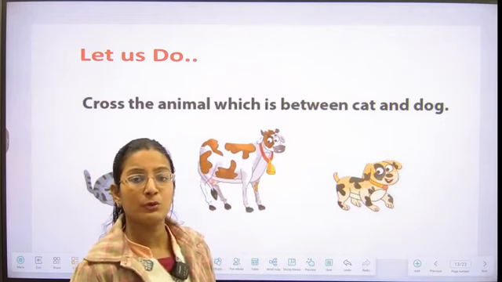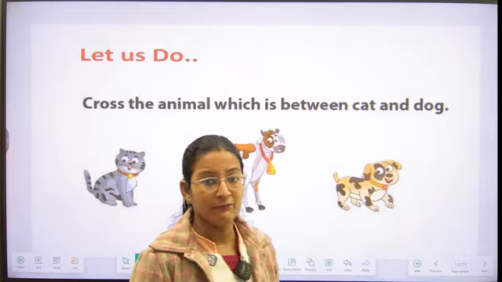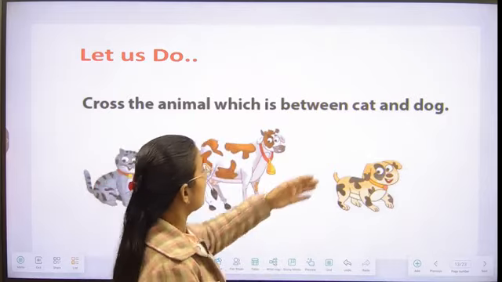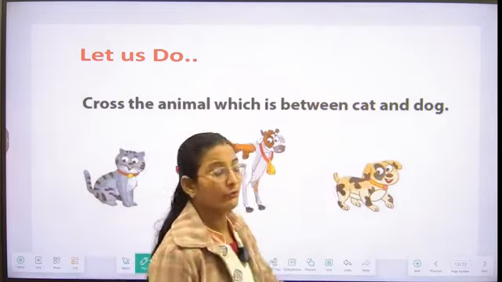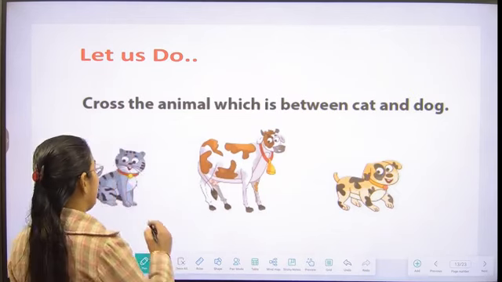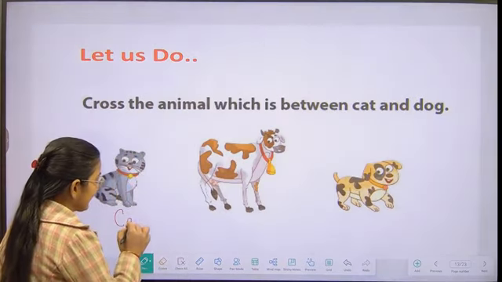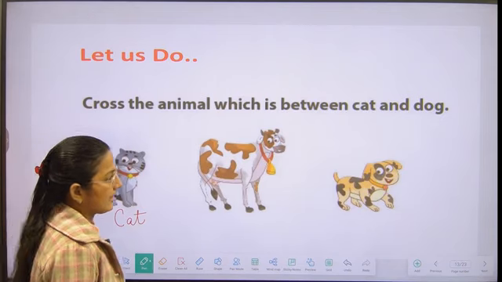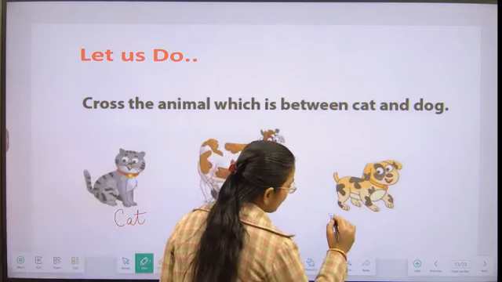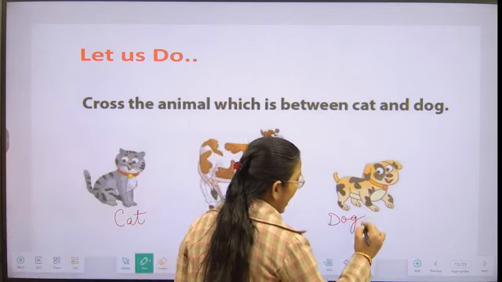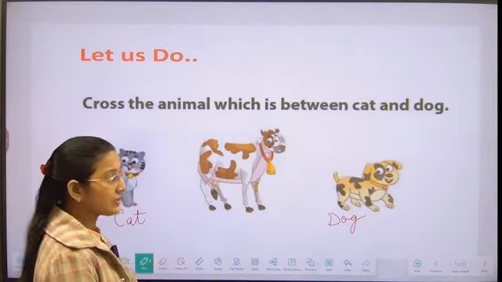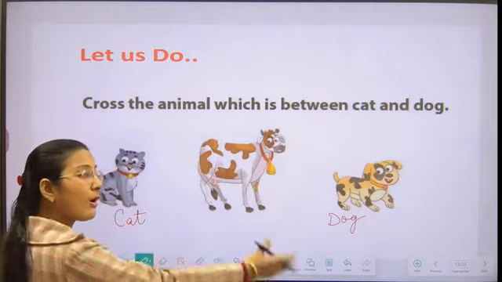We have to cross the animal which is kept between cat and dog. So where is cat, students? Yes, cat is sitting here. And where is dog? Dog is here. So we have to cross the animal which is between cat and dog.